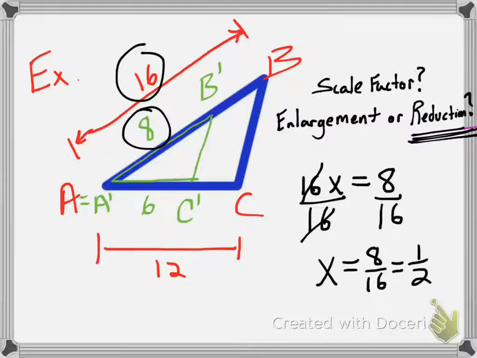So x is a half. So my scale factor is 1/2, which is less than 1, so it's a reduction. You see how everything's connected? Let's see if it works on the other side. How do I go from 12 to 6? If I multiply 12 by a half, I get half of 12, which is 6. It works out. So we found the scale factor.